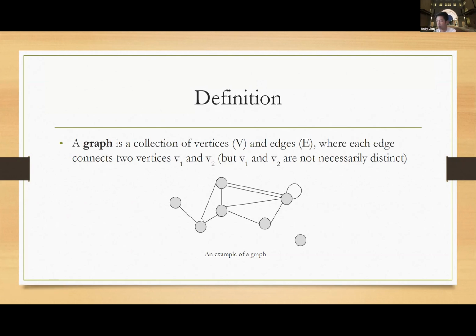So this group of 6 vertices are in one connected component because I can go from any vertex to any other vertex. And then this vertex down here would be in a connected component by itself. Yep, I think that's it for this slide.